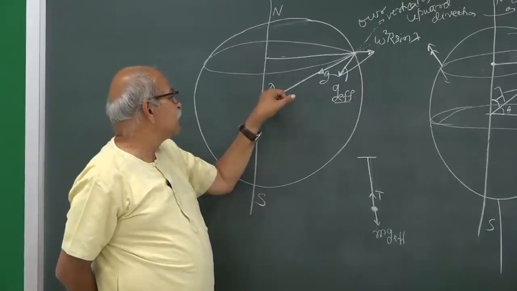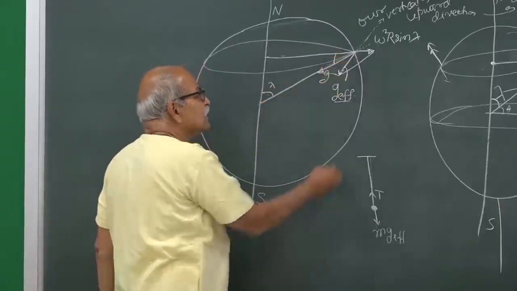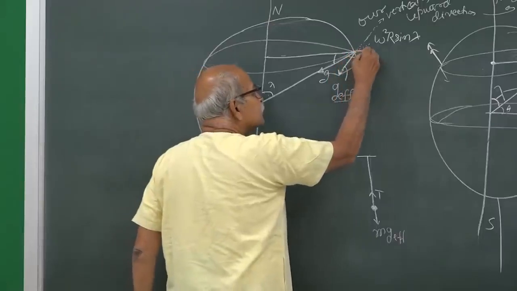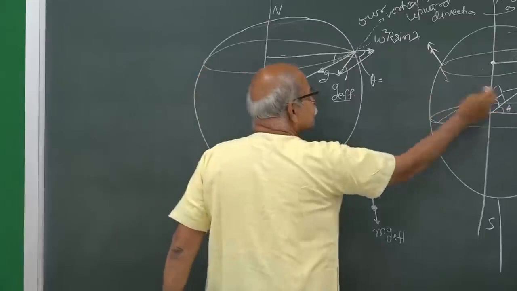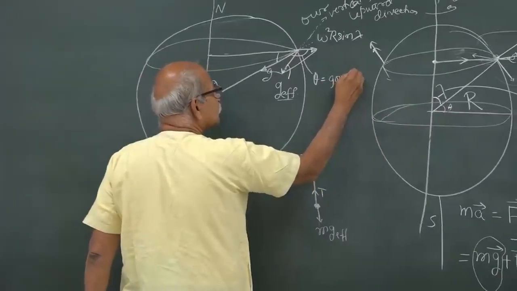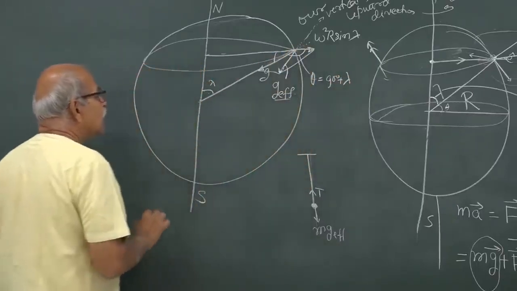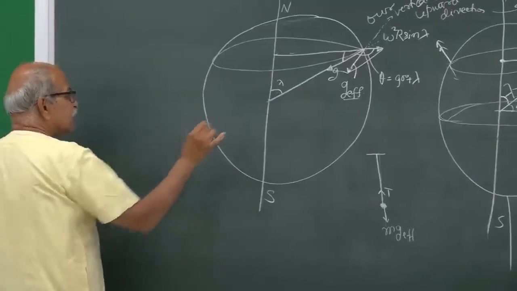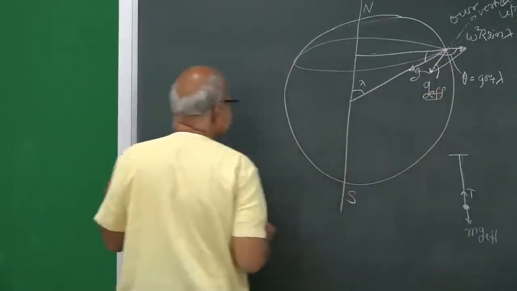If this is lambda, this angle is 90 minus lambda, and therefore, this angle theta is 90 degrees plus lambda, the angle between these two vectors. So, I have now two vectors, and this is the parallelogram law addition of these two, this is G effective.